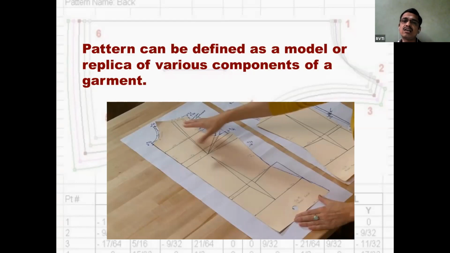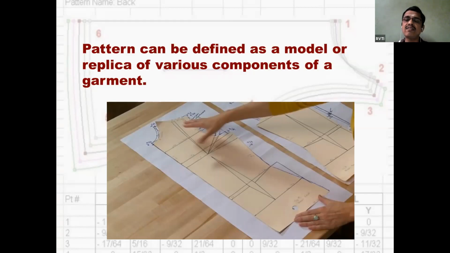These are the different components. When these components are made as a model or replica for mass cutting, they are called a pattern. So a pattern can be defined as a model or replica of various components of a garment.